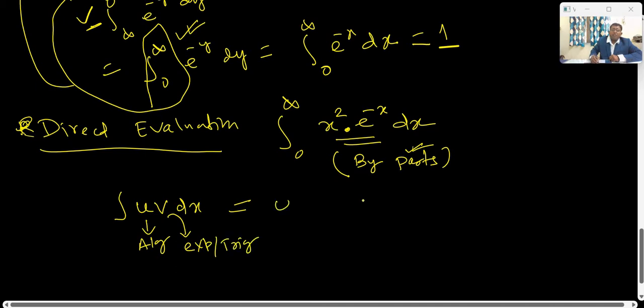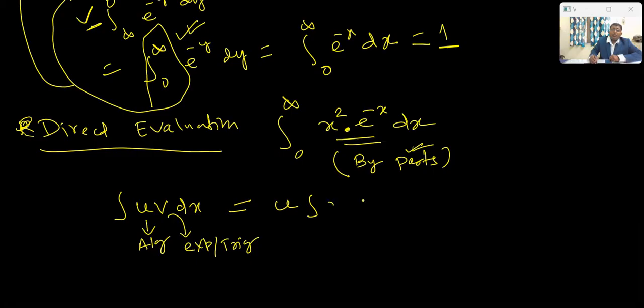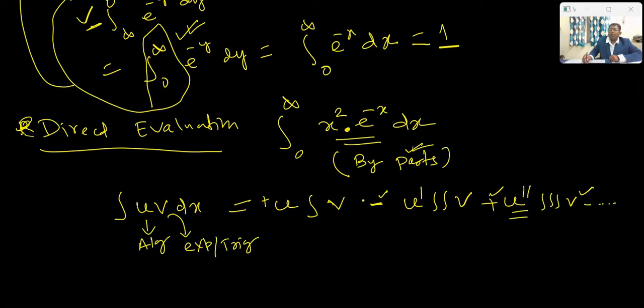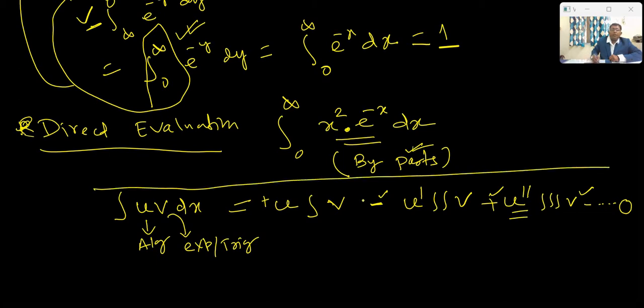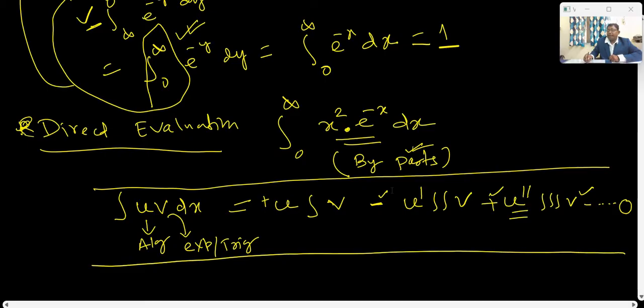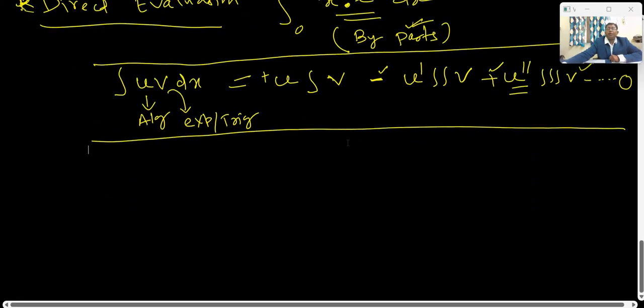Then you keep the first function silent, integrate the second function once, then put a negative sign, differentiate the first function once, and integrate the second function twice, put a positive sign, twice differentiate the first function, thrice integrate the second function, and so on, alternately plus, minus, plus, minus, till the derivative of the algebraic term comes to 0. If we apply this easy way of integration, then it is quite easy to integrate it. So let me apply this way of integration here.